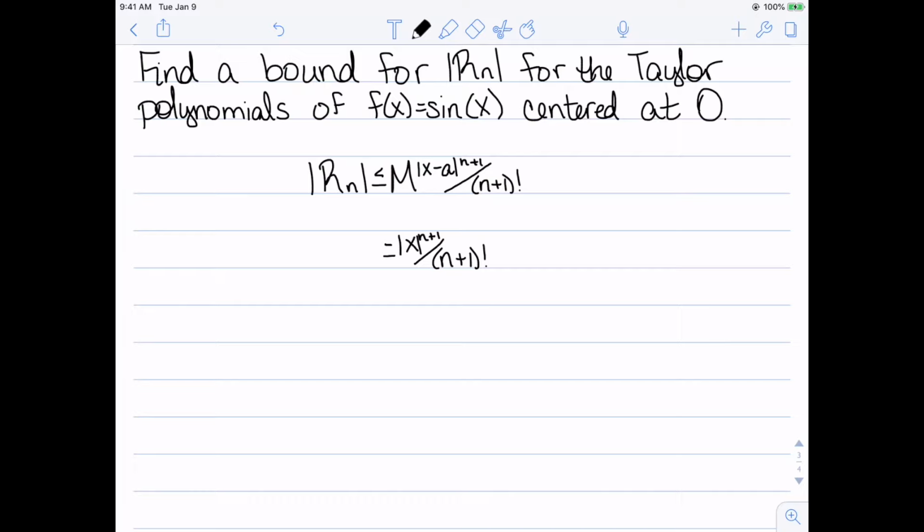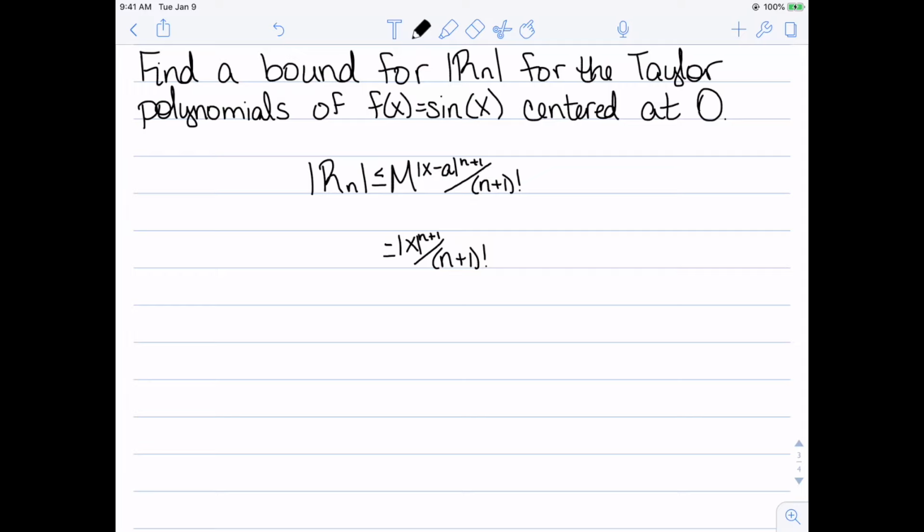So I have that the absolute value of Rn is always going to be less than or equal to the absolute value of x to the n plus 1 over n plus 1 factorial. So if you know what value you want to estimate, x, and what polynomial you want to use, that would be n, you can figure out exactly where the remainder is, or at least the absolute value of the remainder.